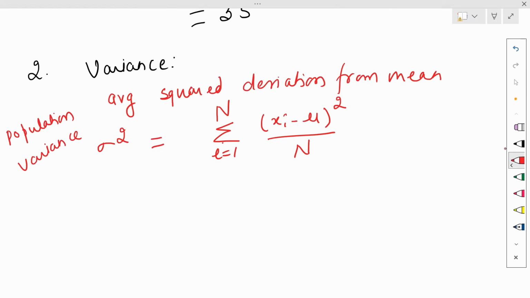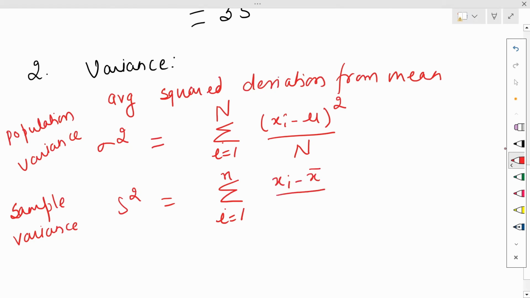We have sample variance also, which is denoted by S. Its formula will be summation from i equals 1 to n, of the deviation from the sample mean squared, divided by the total number of entries, n, minus 1. You might wonder why we are doing minus 1 here.